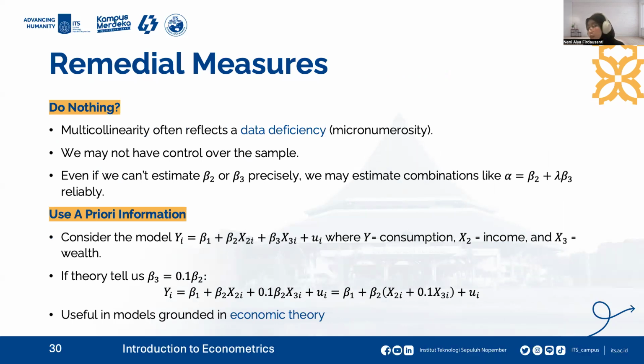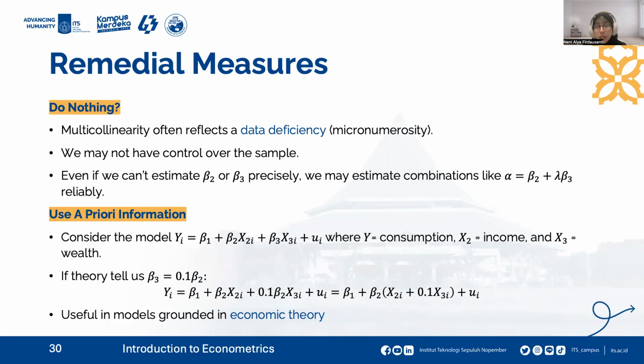The first option is do nothing. So we accept the multicollinearity as the data feature. Multicollinearity often reflects the data deficiency.